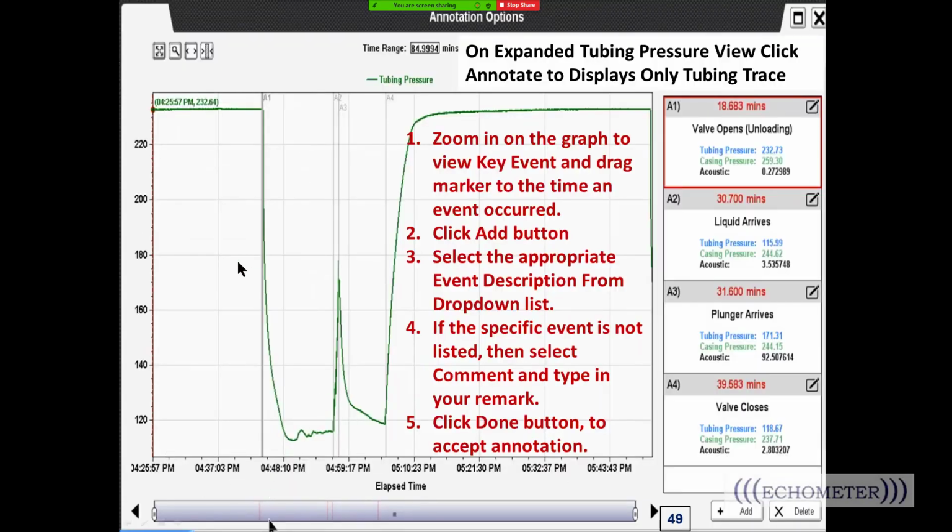We click on the annotate button, we click on a point that we see, and then something happened at the well. We say, well, the valve opened, or liquid arrives, or plunger arrives, valve closes, and so each of these events are marked on here. And these are default method events that occurred. You can also have a comment about something that's not a typical event, and those annotations can then be displayed on the trace or in the reports.